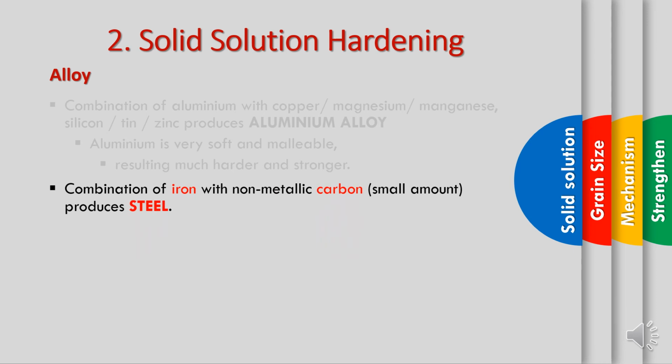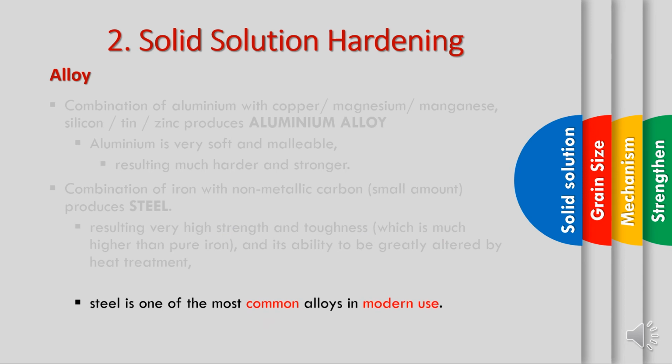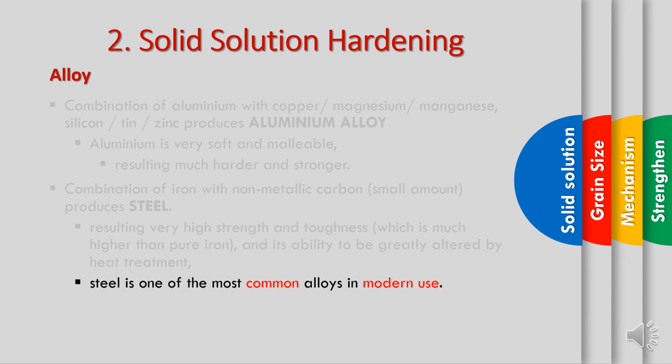Combination of iron with carbon will produce steel. It results in very high strength and toughness, much higher than pure iron, and its properties can be greatly altered by heat treatment. Steel is one of the most common alloys in modern use.